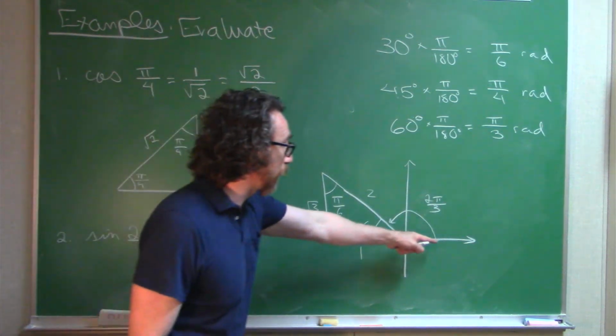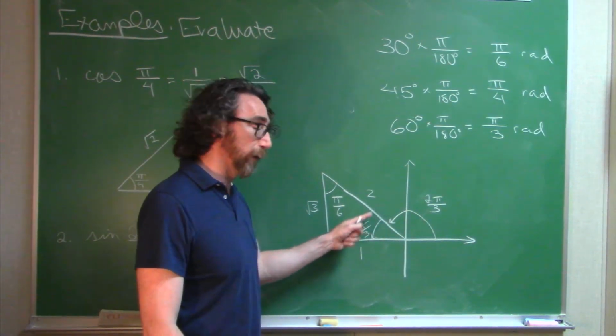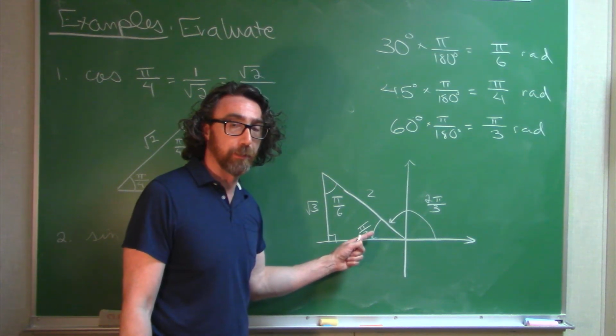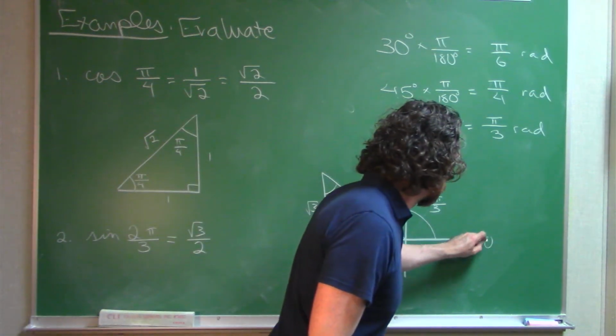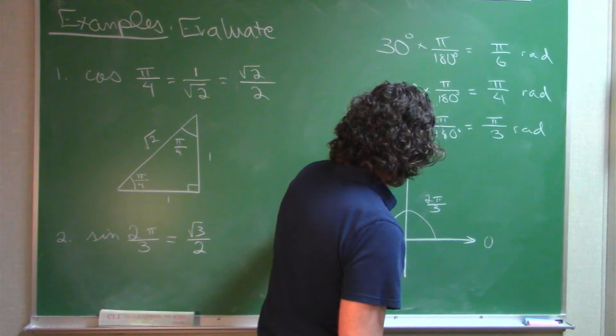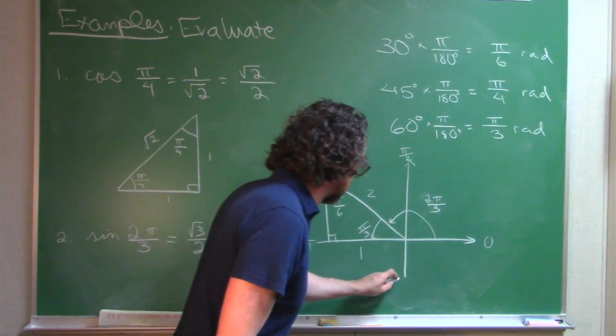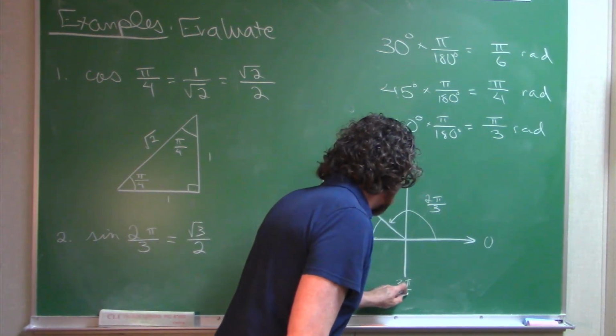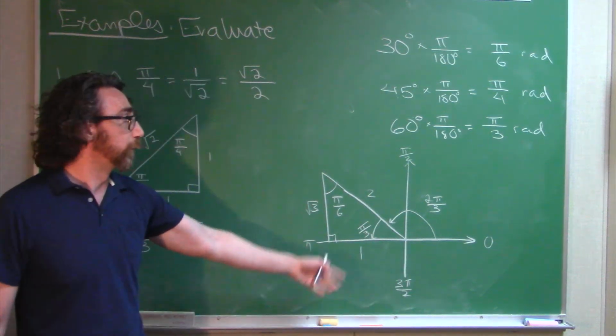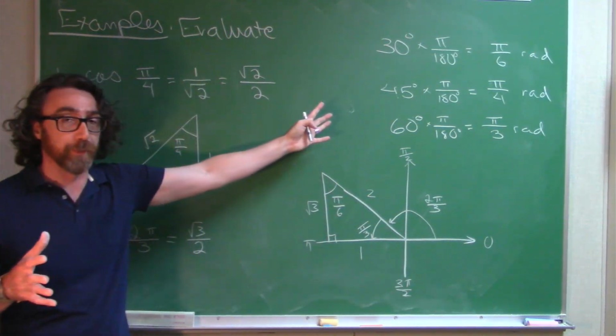So this is 2 pi over 3 radians, reference angle pi over 3. This is 0 radians, this is pi over 2 radians, this is pi radians, this is 3 pi over 2 radians. We can get all those using the conversion formula.